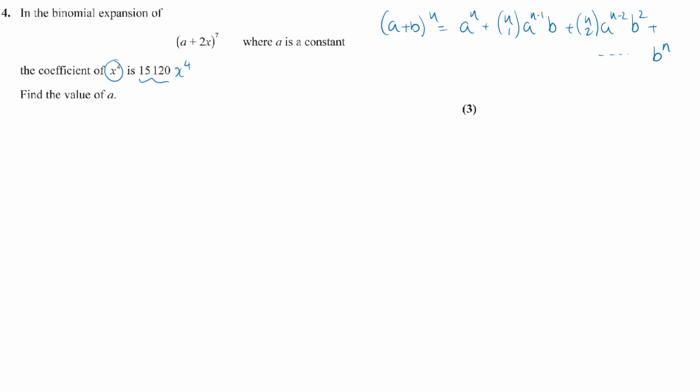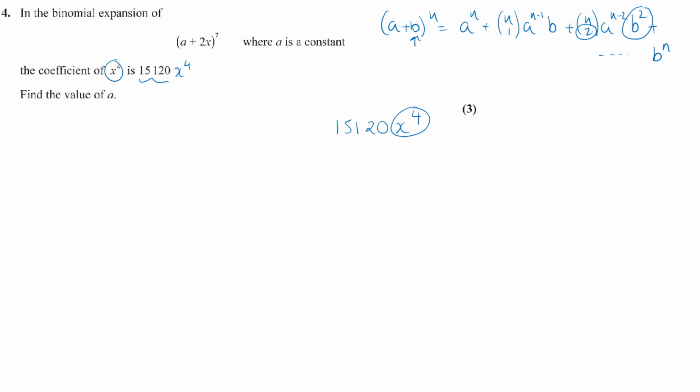So looking at the way the expansion works, you can see that the power on the second term in the bracket, b squared, is the same as the 2 on the nCr button. So we're going to have the 15120 x to the 4.